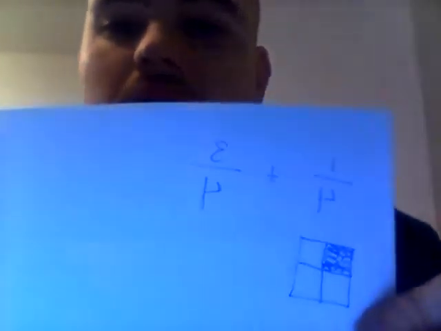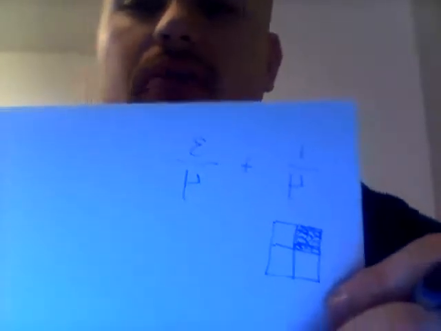That means that for 1/4, if we draw an area model again, we split it up into 4 equal parts and only shade one part of that box. That right there will give us 1/4.